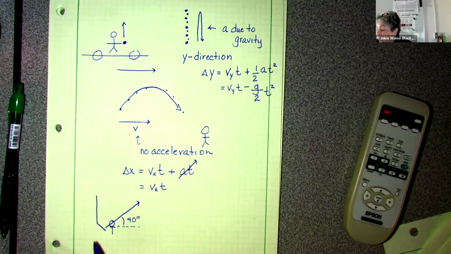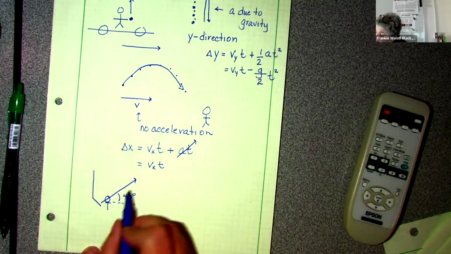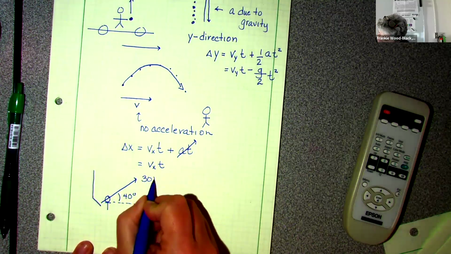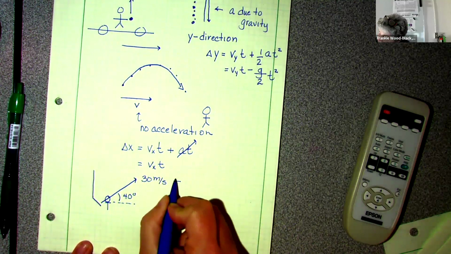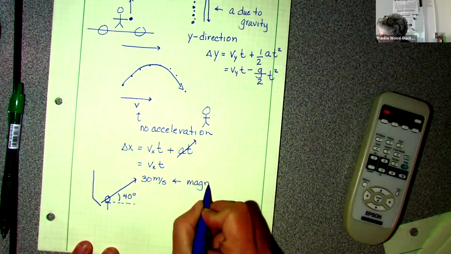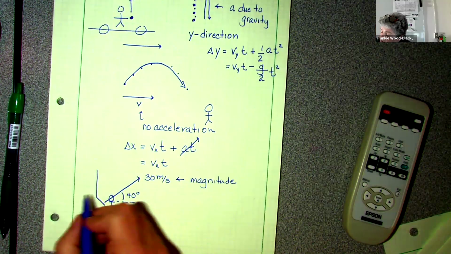And we're going to say, because we've got a camera or something that we've actually measured it, this golf ball is going to go off at 30 meters per second. So the magnitude is 30 meters per second. We've got the angle, because this is my golf ball.